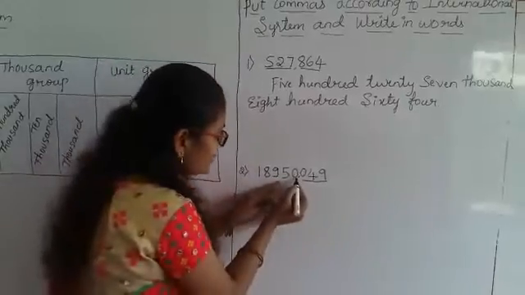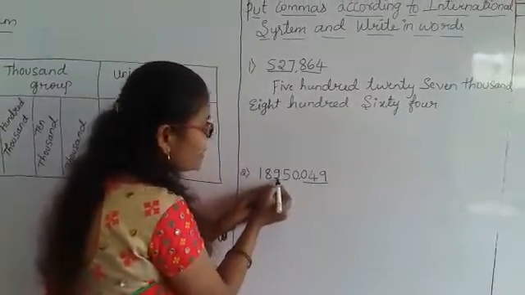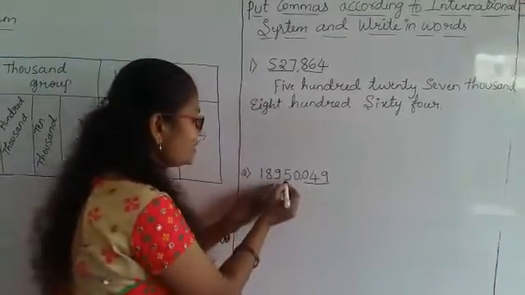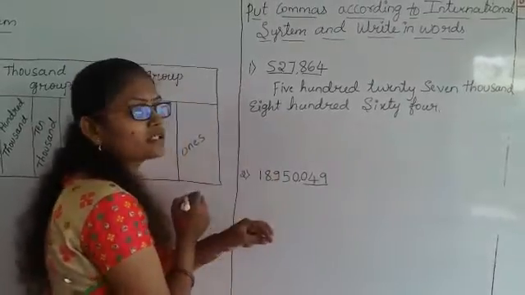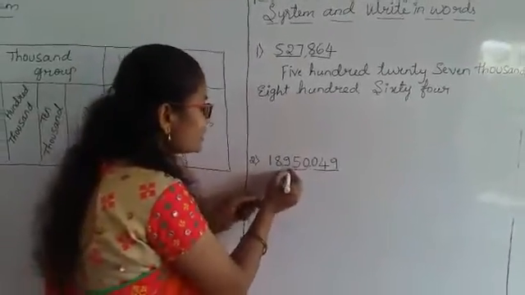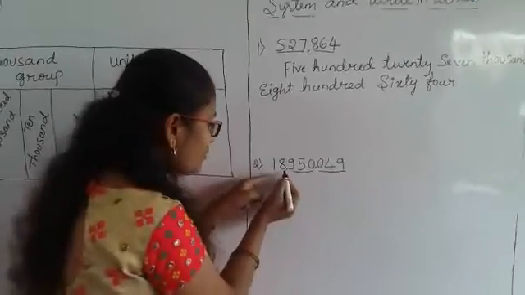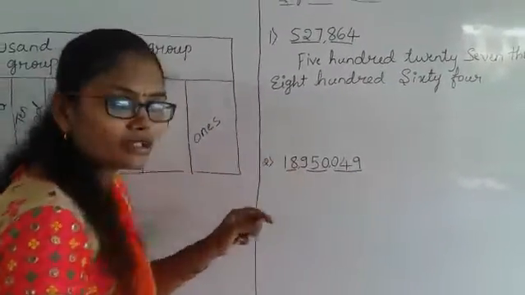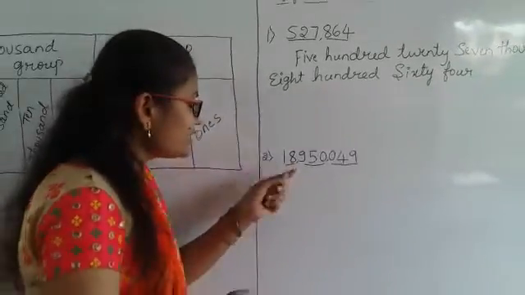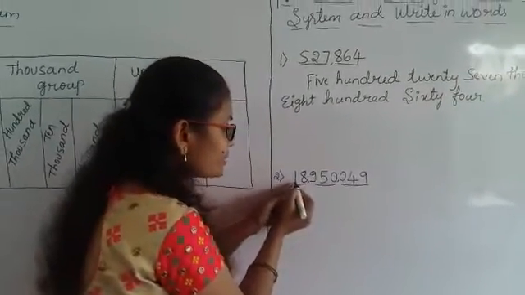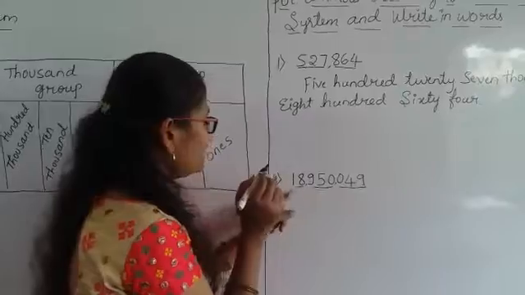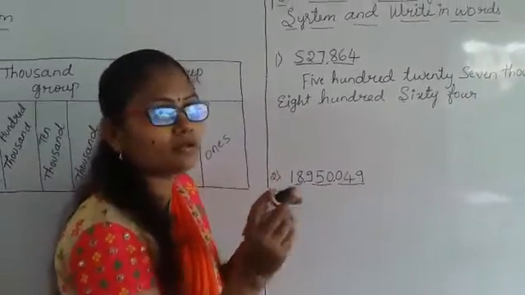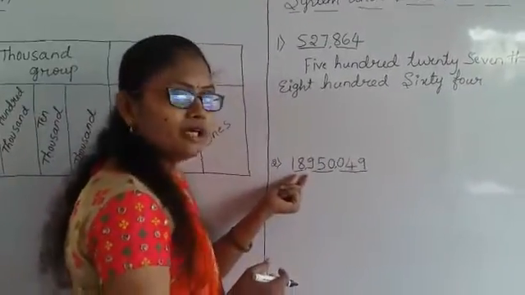Next, 1,000, 10,000, 100,000 come under the 1,000 group, so we separate. Next, million, 10 million come under the million group. Where did we stop? We stopped at 10 million, so when reading the number, we start from the million place.